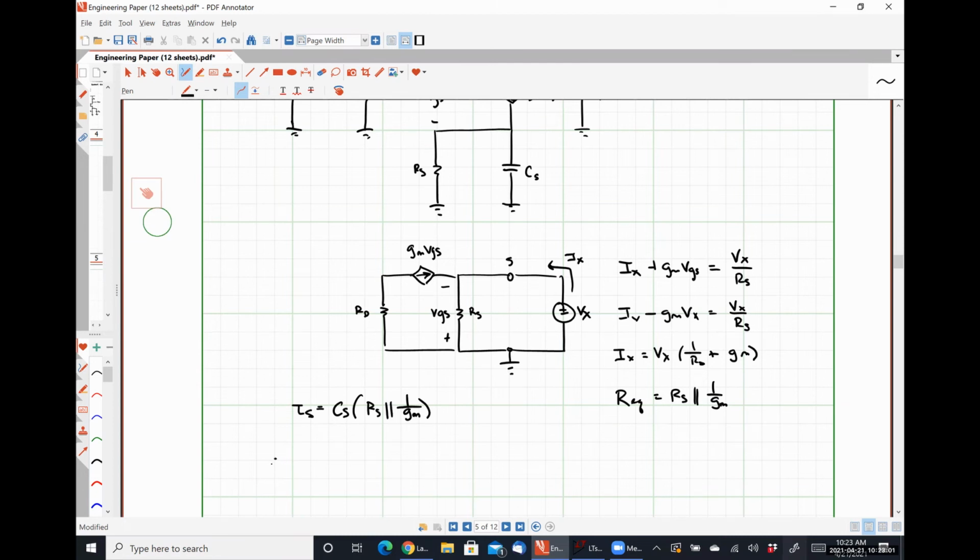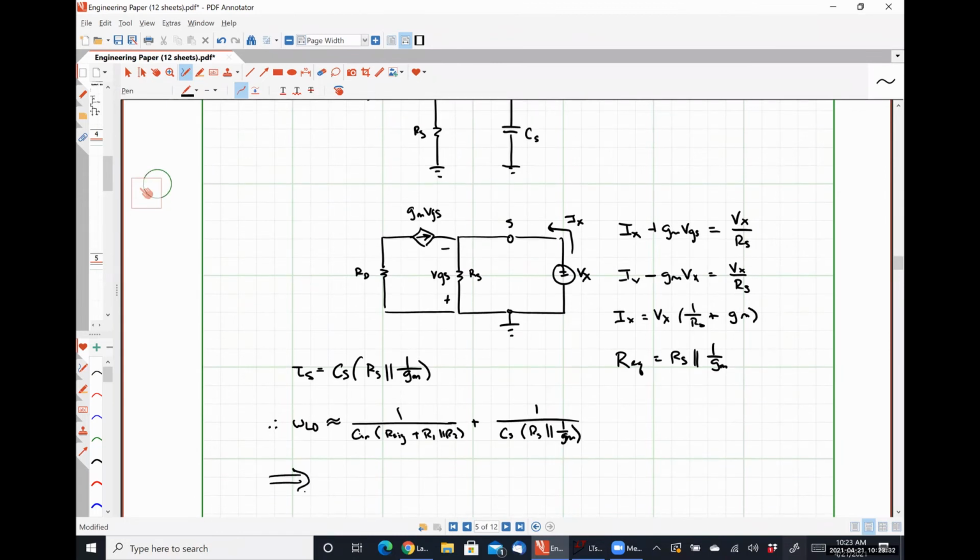And from this, overall, we can see that omega low is 1 over Cn times R sig plus R1 in parallel with R2, plus 1 over CS times Rs in parallel with 1 over gm.